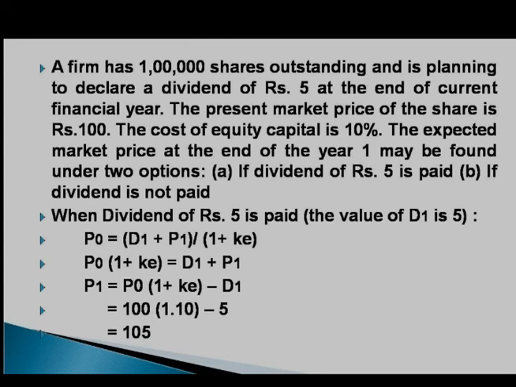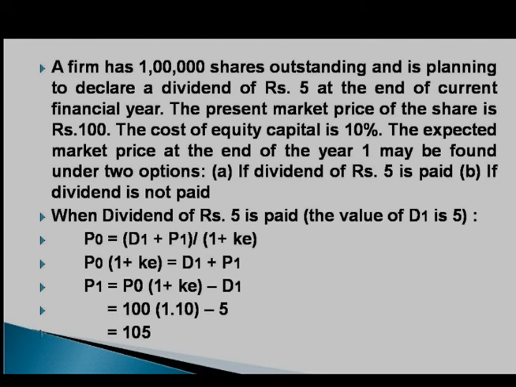The expected market price at the end of year 1 may be found under two conditions. See, this is very important. First, if a dividend of rupees 5 is paid, and second, if not paid. So what would be the impact?